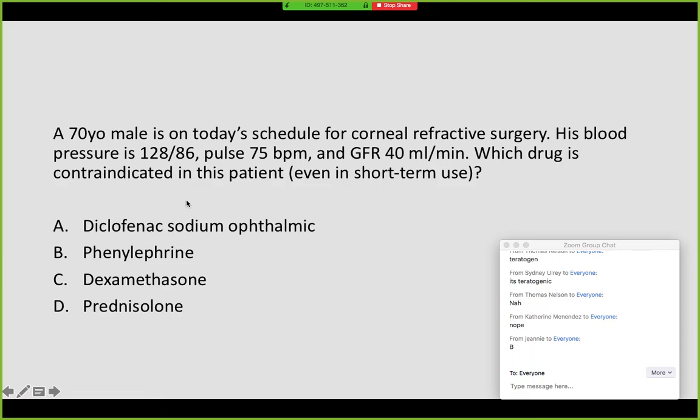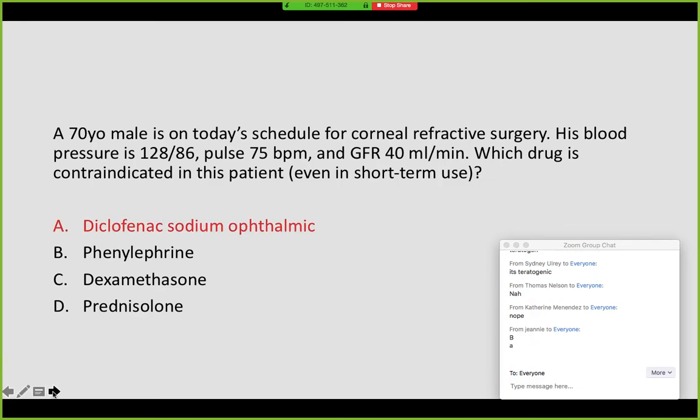So you're not going to give him what? Right, A. Diclofenac sodium ophthalmic. He mentioned that the glucocorticoids aren't necessarily a great idea in people with renal problems either, but as long as it's short-term use, then I guess it's okay.